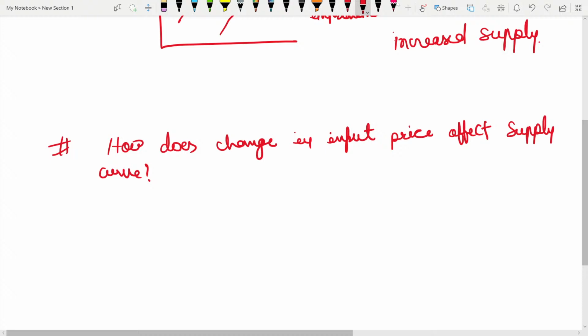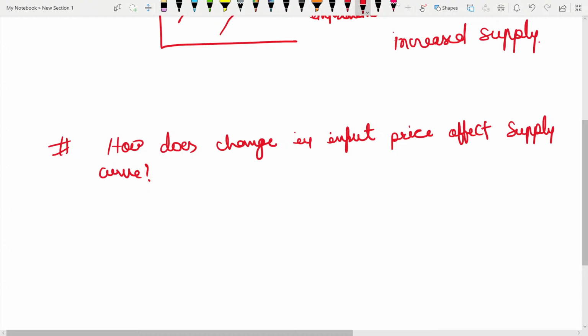As we have talked about technology, due to improvement in technology the supply curve just shifted forward. And what happens if the input prices change?